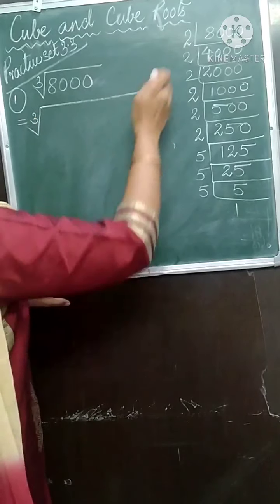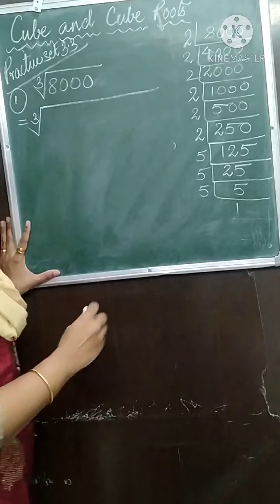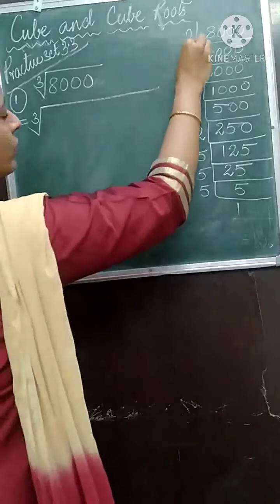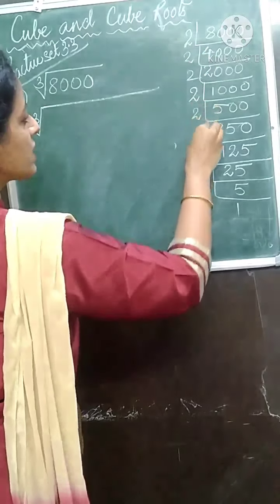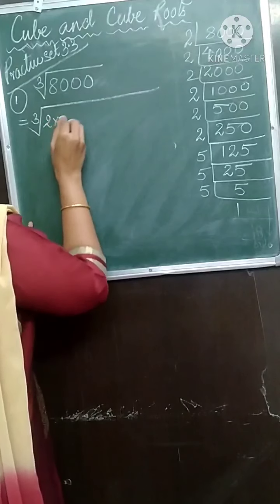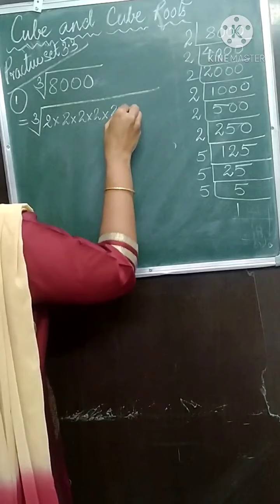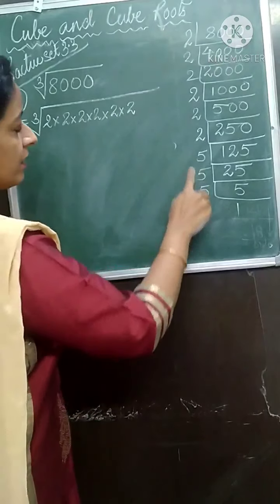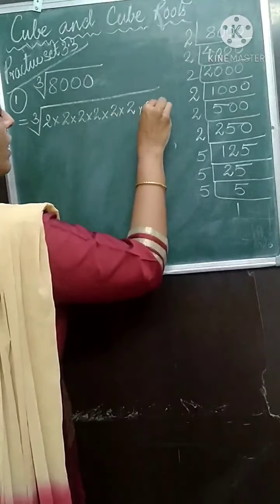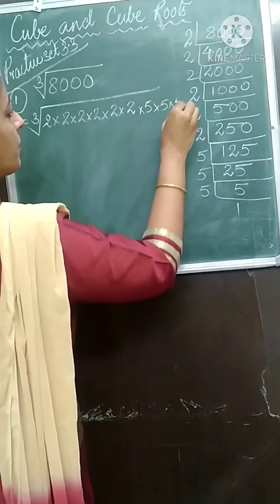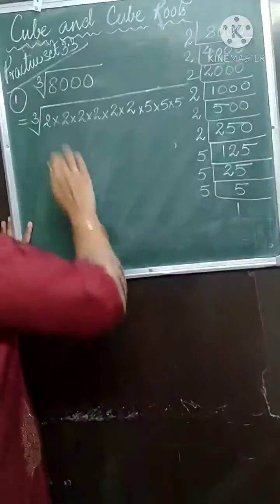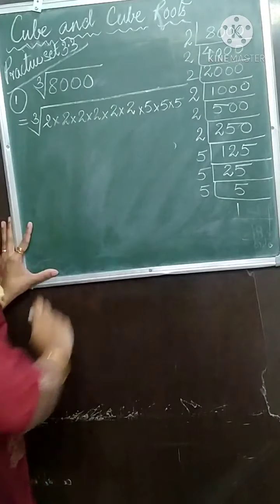Make it a little long because so many digits we have to write. Write in good handwriting. Count 1, 2, 3, 4, 5, 6, six times 2, and 3 times 5. 5 into 5 into 5. The root sign should touch till the last number.